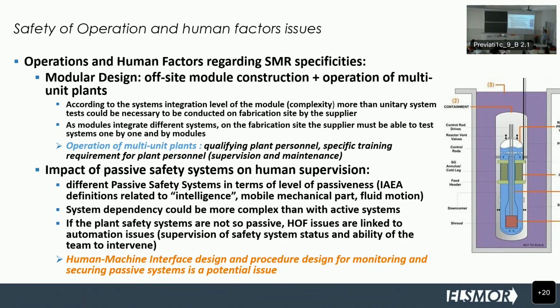And the plant operators will need to understand the integral behavior of the plant, instead of just saying that, okay, according to procedures, we need to operate this plant, because the flows come through the physics.